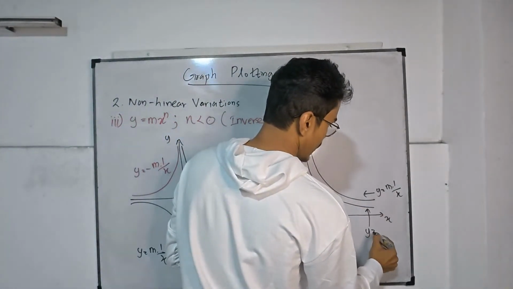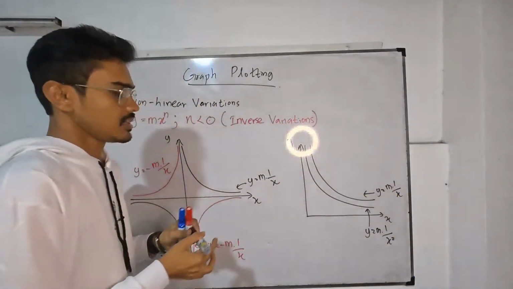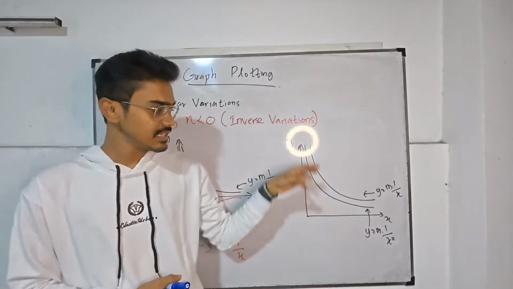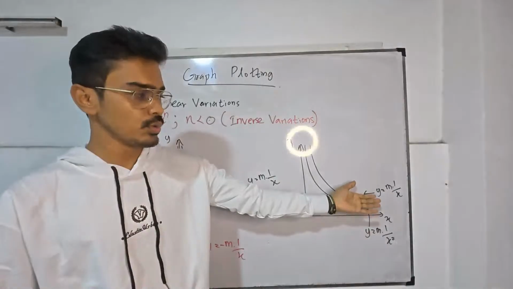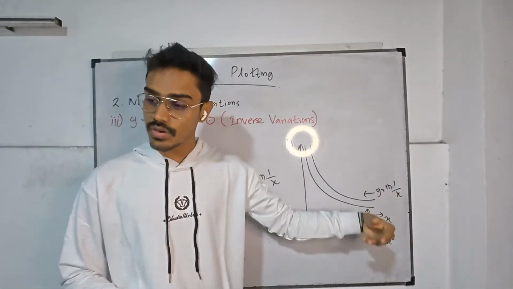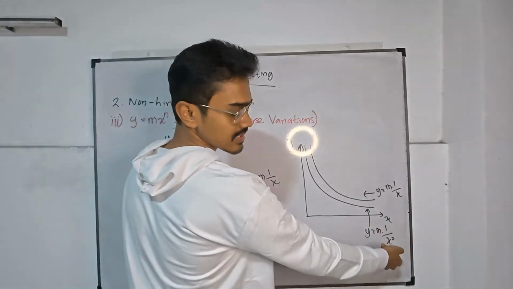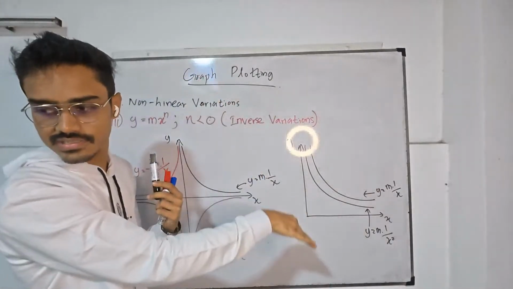This one is m over x squared, that is further inside. The reason is a rapid decrease here. Compared to the power of x, y decreases with x squared, a rapid increase of x, so a rapid decrease of y.